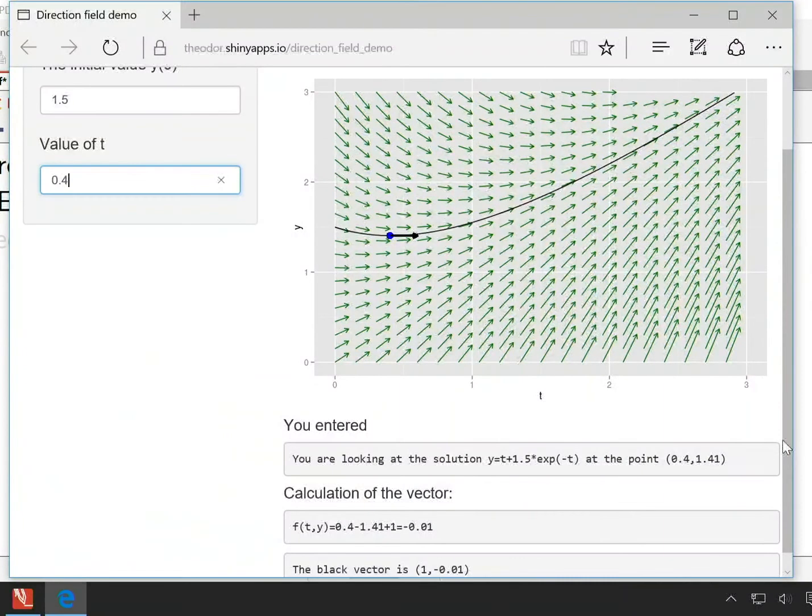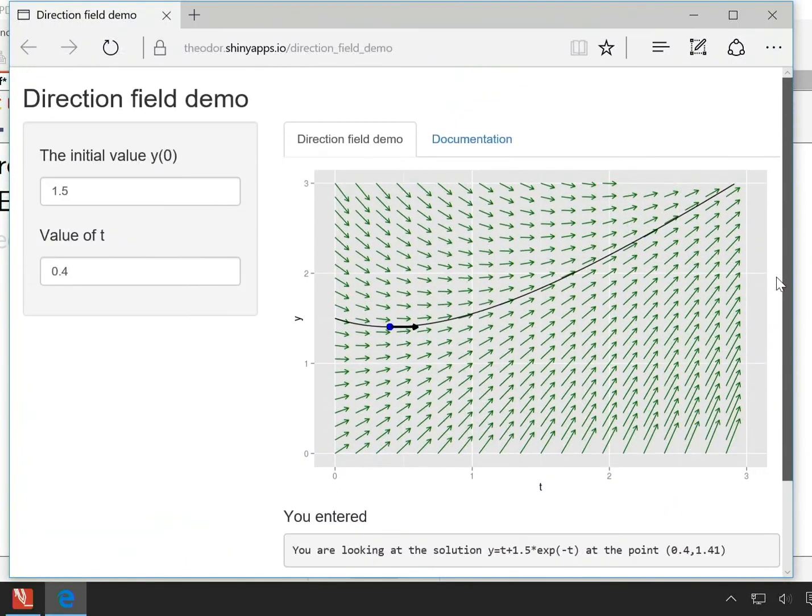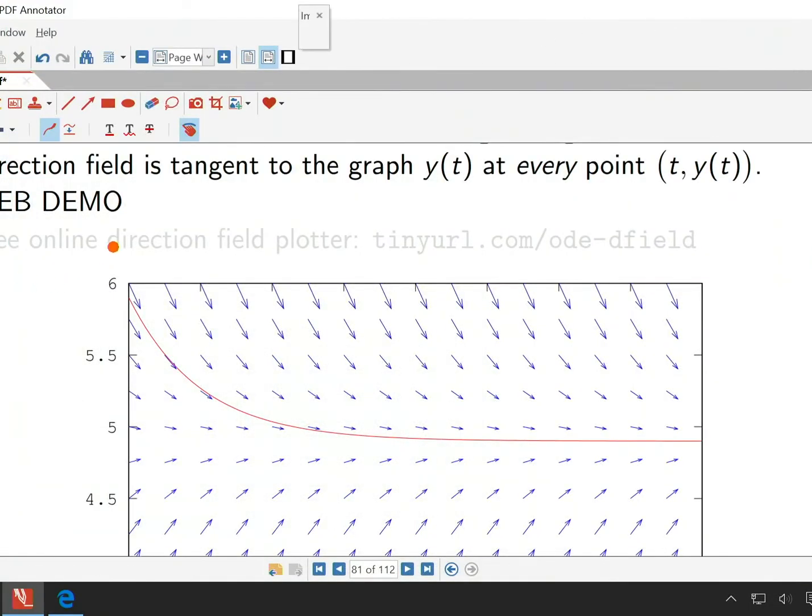Now y is 1.41, but then the right hand side is going to be 0.4, which is the value of t, minus 1.41, which is the value of y, plus 1, so it's a very small negative number. You can see that the black arrow is almost horizontal, but it points a little bit downwards, to the right and a little bit downwards, and so on. You can play with it a little bit if you want to understand it better. So that's one little demo.